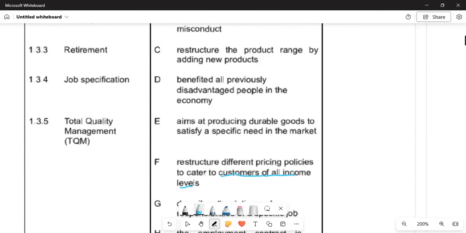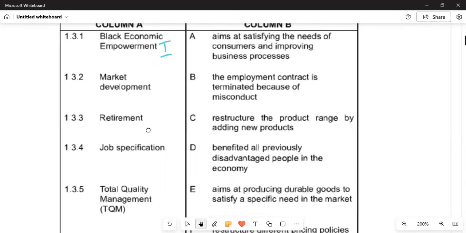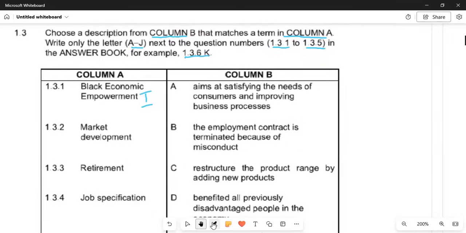So you want to have them all. You are trying to increase your market, catering for all of them. So it means you are developing a market by so doing. The correct answer is F.